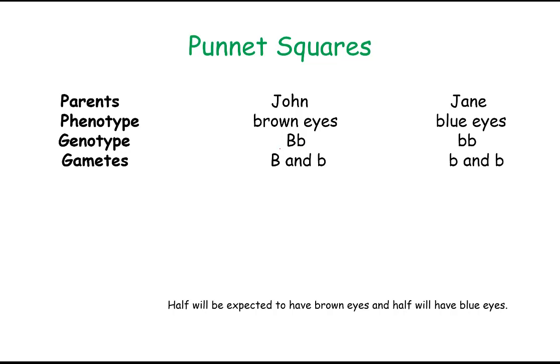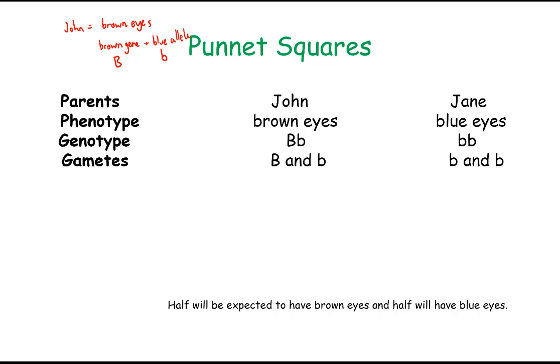Now, what we know about John was that John had brown eyes, but he had one brown gene, or one brown allele, plus one blue allele. Now we also know that the brown gene was dominant and the blue gene was recessive.